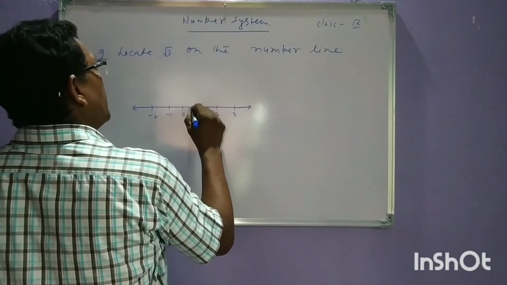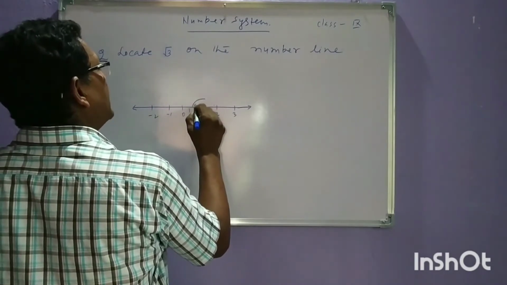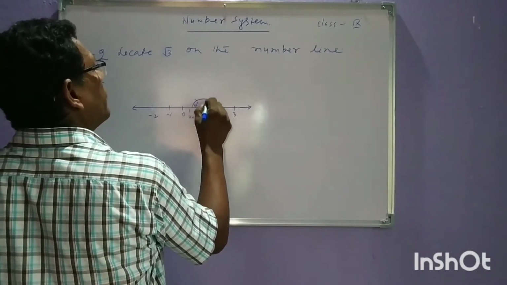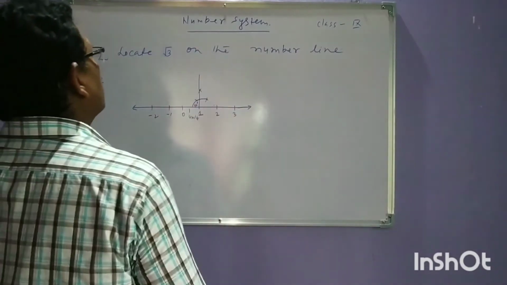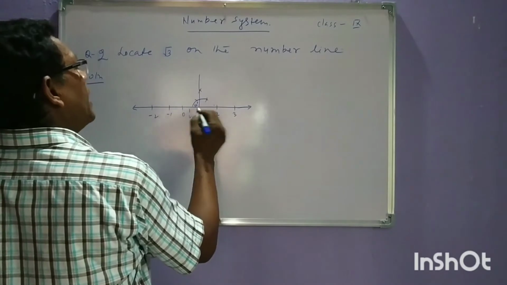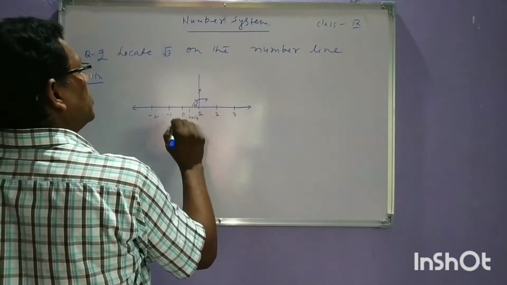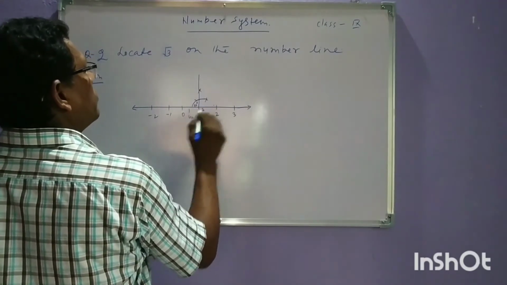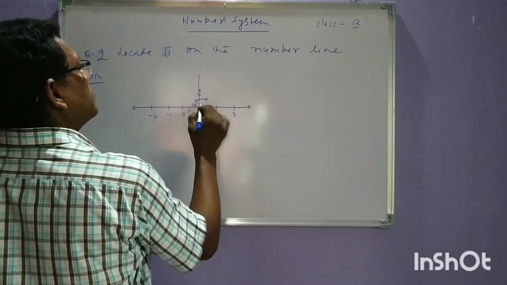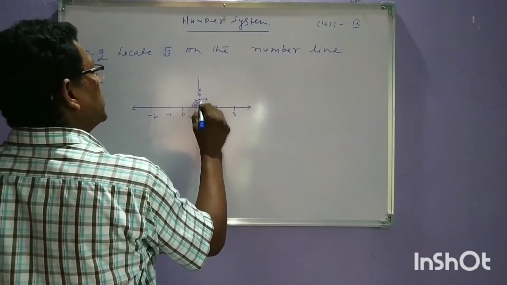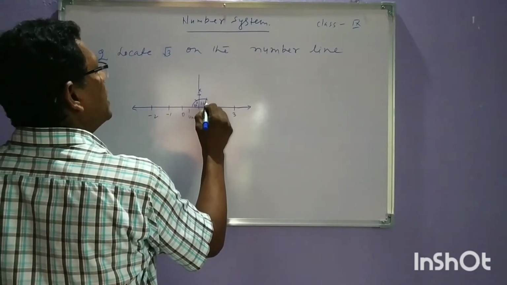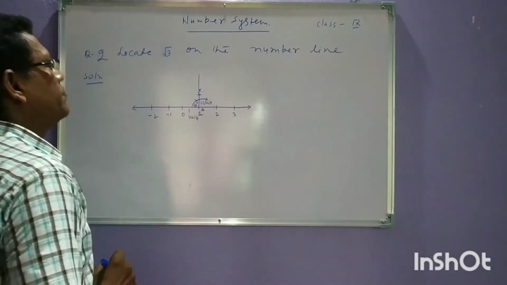Then make an angle of 90 degree and join this. Now set with the help of a compass from point A 1 centimeter or whatever unit you are choosing. So I am writing here 1 unit.